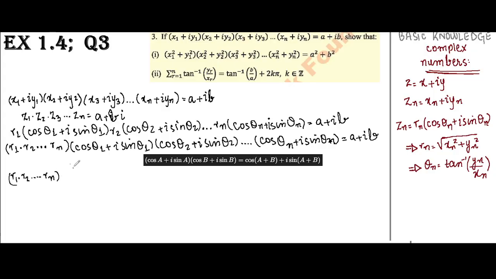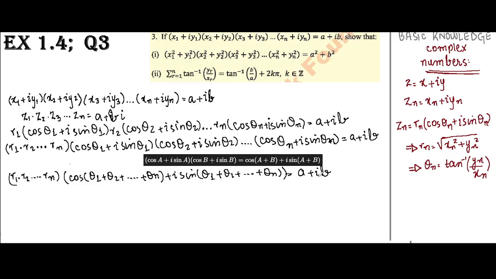These will be written as it is, and then for all these terms we are going to write cos theta 1 plus theta 2 plus so on till theta n, and plus iota sine, again here it is a plus b only because there were a and b only. Now we have theta 1, theta 2 and up till theta n, so we are going to write all of them here together, theta 1 plus theta 2 plus up till theta n, another bracket closes over here, and then a plus iota b.